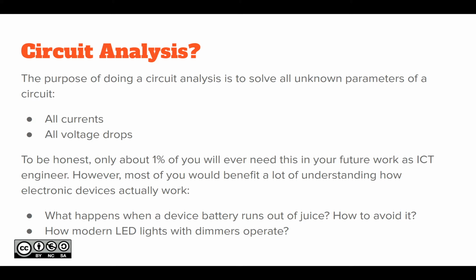How modern LED lights with dimmers operate. So the old-fashioned way of dimming is just to put a resistor there. Not a good idea, since then you are consuming most of the power on the resistor and not on the LED. And again, we are talking about power and power consumption and how to save energy. For example, this kind of couple of things.